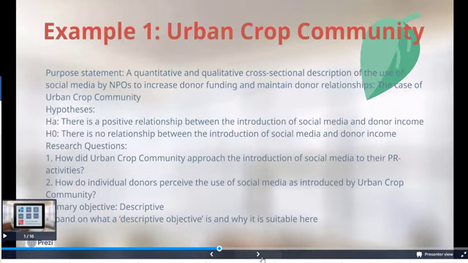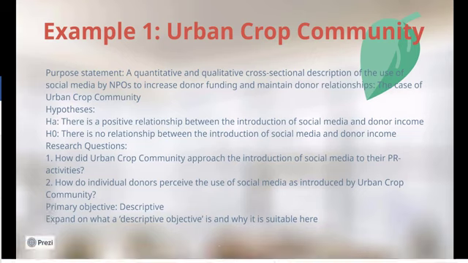The first example of urban crop community. The purpose statement could be something like a quantitative and qualitative cross-sectional description of the use of social media by NPOs to increase donor funding and maintain donor relationships. The case of urban crop community. Now, there's a quantitative component here, and I decided to formulate two hypotheses.